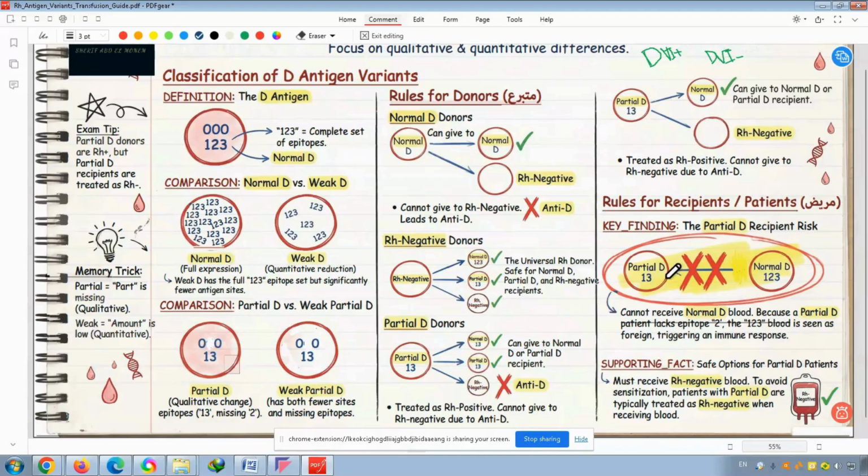The patient's body will develop antibodies against the extra part, which is number 2, the extra part that will enter the body. That is why for a partial patient, what do we dispense for them? Negative cells.